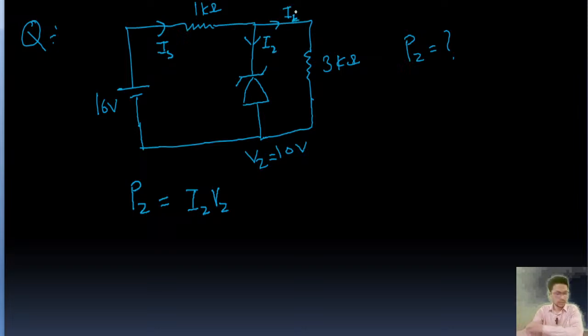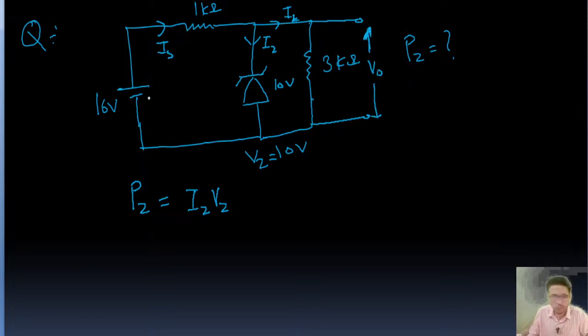So here this is an important one, guys. The Zener voltage VZ is 10 volt here, right? It means the output voltage, this one, these are in parallel, right? So this output voltage is also going to be 10 volt.